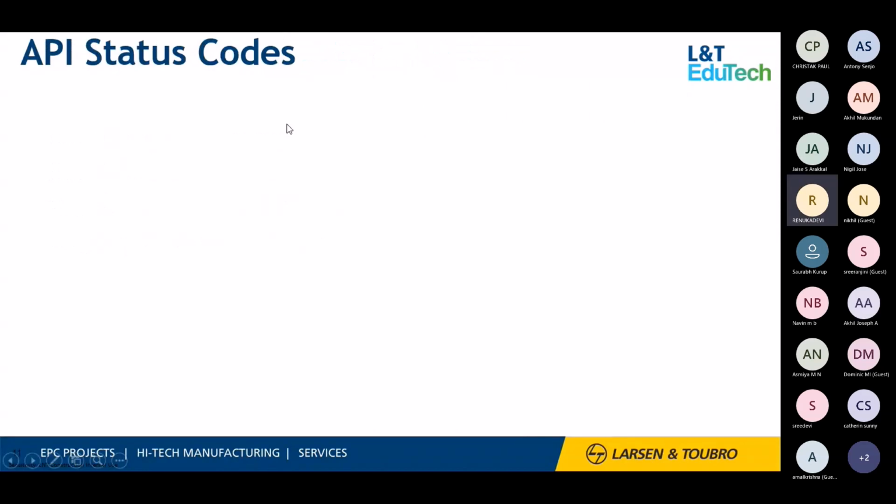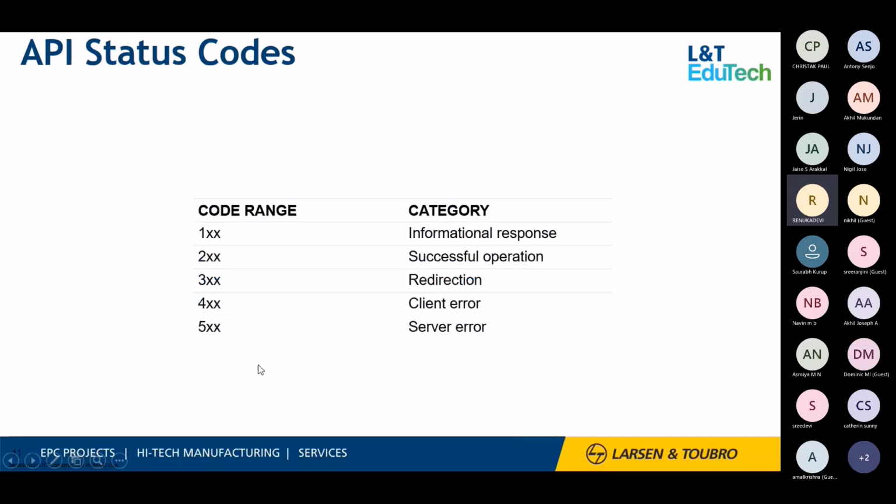Yes, API status codes. Here you will have various status codes, with the code ranges and categories. The status code, which we can even call an error code, is a code number used for referring to what kind of response we got from the server.